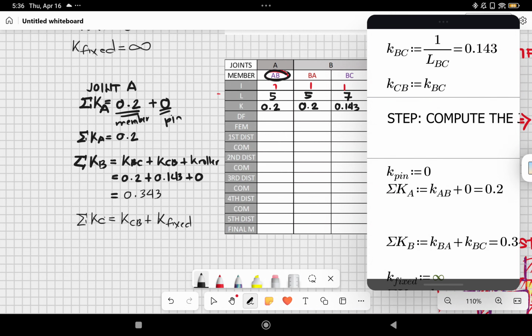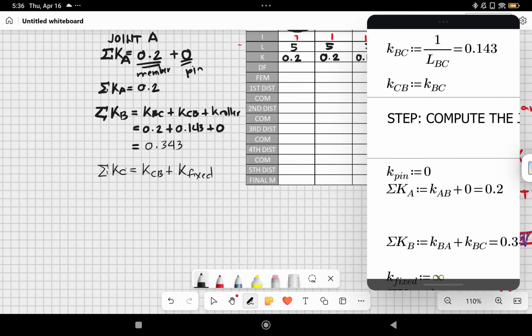That just means that a fixed support is assumed to be infinitely stiff. Or it is very stiff that we just assume a value of infinity.